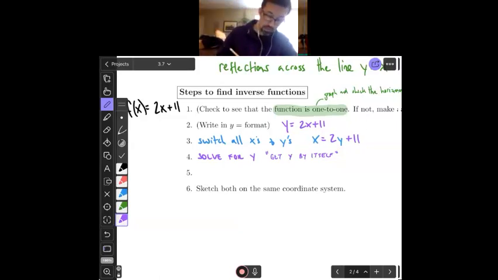Once y is by itself, you're going to rewrite it back into the function notation. Except for now you're not going to say f of, you're going to say f inverse of.